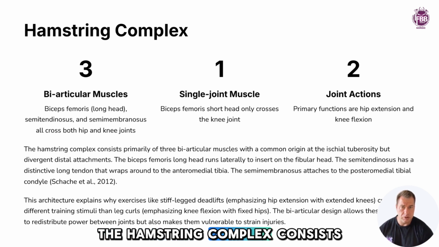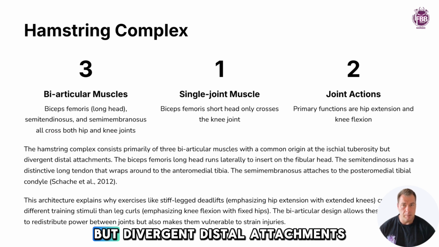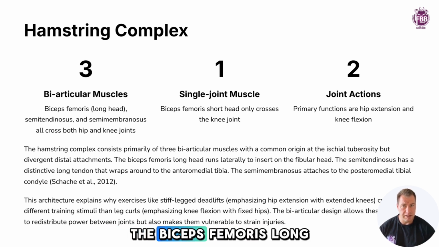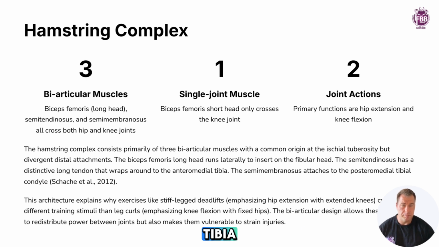The hamstring complex consists primarily of three biarticular muscles with a common origin at the ischial tuberosity, but divergent distal attachments. The biceps femoris long head runs laterally to insert on the fibular head. The semitendinosus has a distinctive long tendon that wraps around to the anteromedial tibia at the pes anserinus.